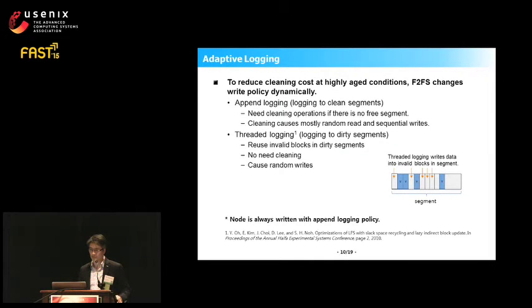So we propose using adaptive logging to reduce the cleaning cost. The key thing is we have a dynamic write policy. If we have less than 5% free sections in the file system, we switch the write policy to threaded logging. Threaded logging means we log to invalid blocks in a dirty segment, so we don't have to run cleaning to do logging.